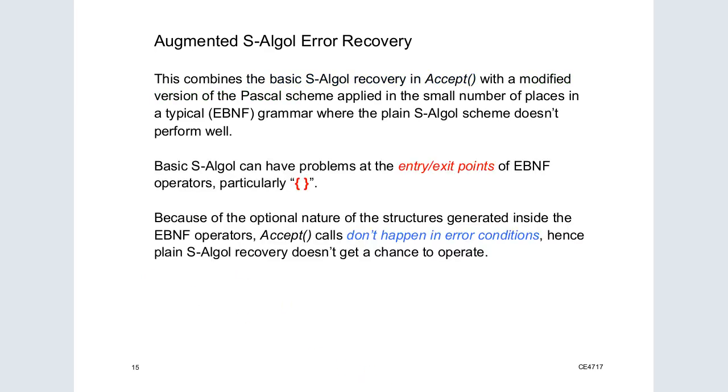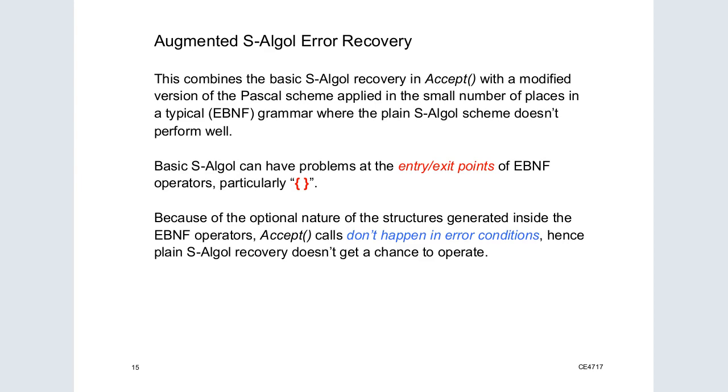So the basic S-algol scheme's big weakness, as we've said already, is that it has problems at the entry and exit points of EBNF operators. The big culprit here really is the repetition operator. The point about the EBNF repetition operator is it can encompass a very large amount of the source program, but because of its optional nature, you can have a case, and we've already seen this, where accept calls simply don't happen in the error conditions.